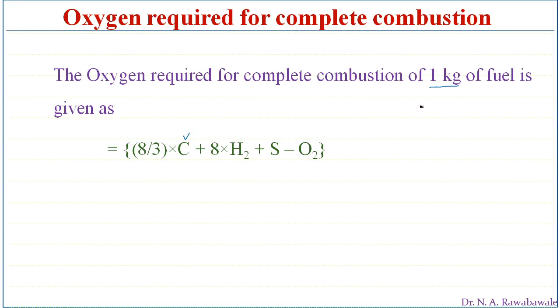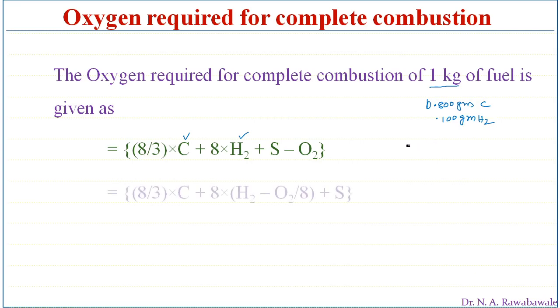Say, for example, 1 kg of fuel contains 800 grams of carbon. That 800 grams is the mass of carbon present in the fuel. Then H2 is the mass of hydrogen, say 100 grams.